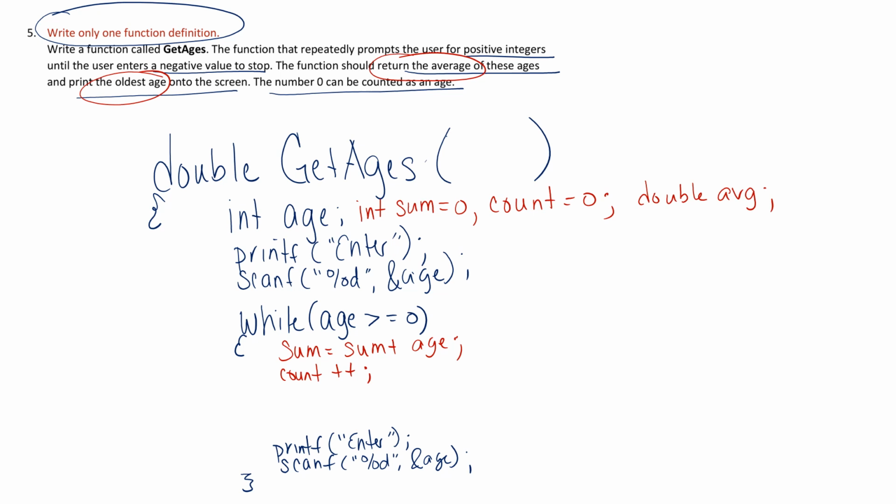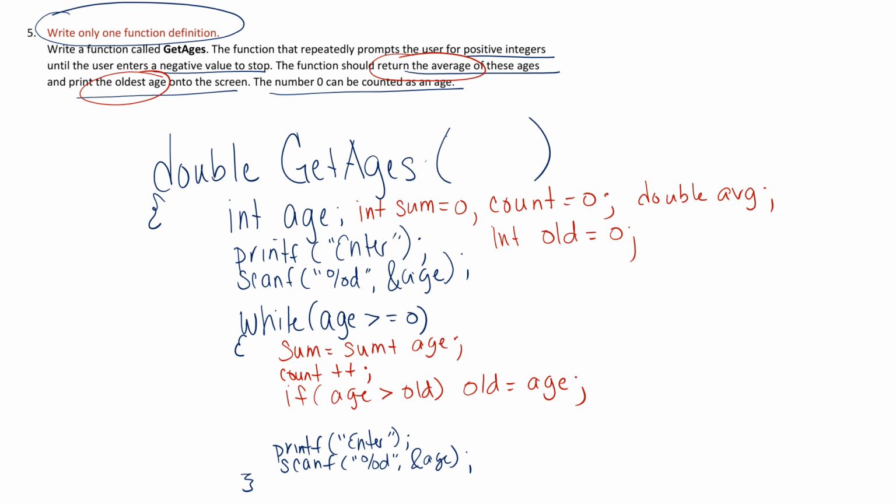So in order to get the oldest age, I'm going to declare another variable called old, and I can initialize that one to 0. And then when I get an age, I can say if the age is greater than old. So the first one obviously is going to be, well, unless it's a 0, but if the age is greater than old, then that means that old equals the age.